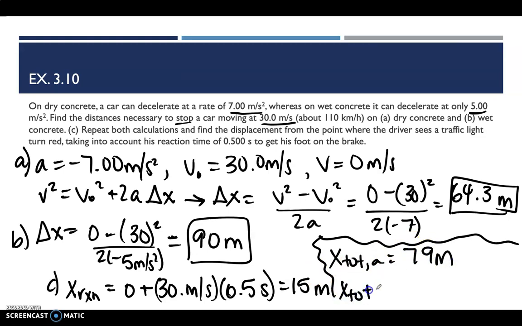And then for the other one, 90 and 15 is 105 meters. So assuming it takes you 0.5 seconds to get your foot on the brake, now it takes about 80 meters to stop in dry conditions and about 105 meters to stop in wet conditions. So again, taking that into consideration when driving is probably a good idea.